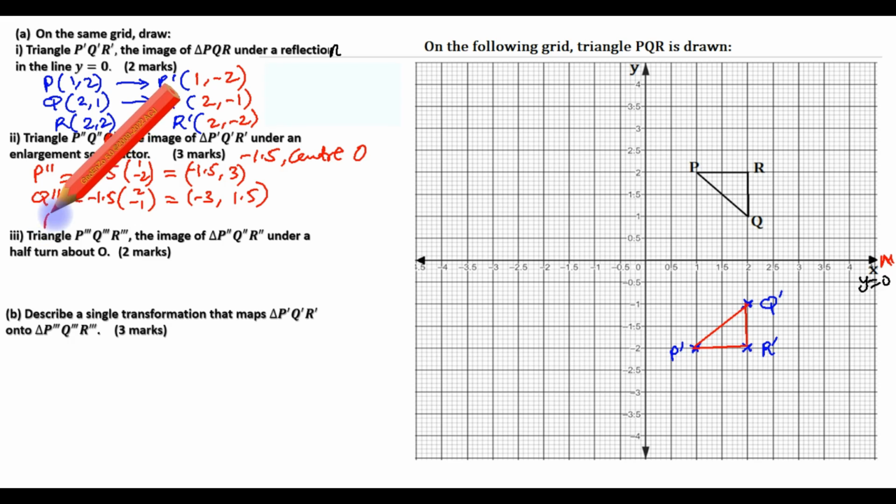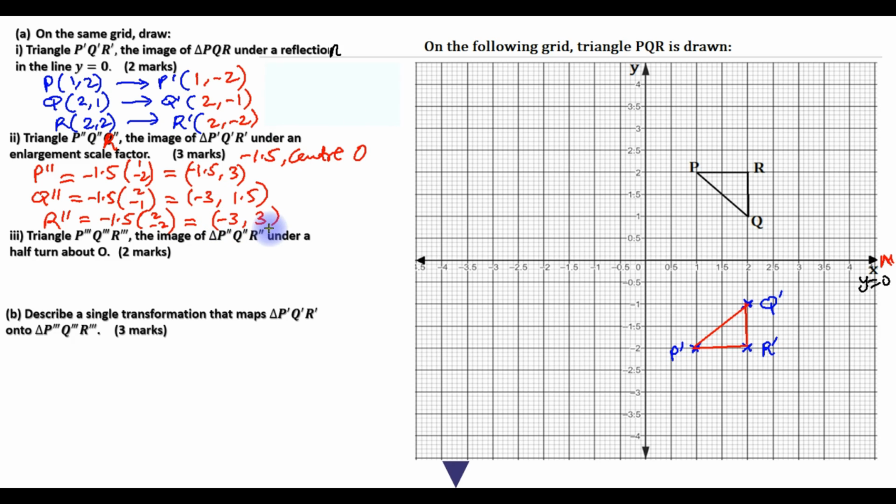And lastly, R double prime will be the scale factor of minus 1.5 times R prime, which is 2 minus 2, so the coordinates will be minus 3 and 3.